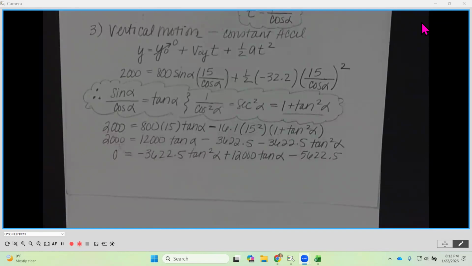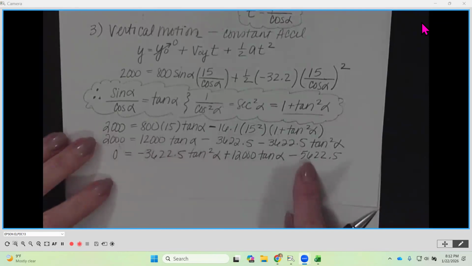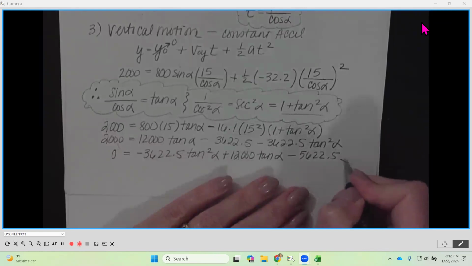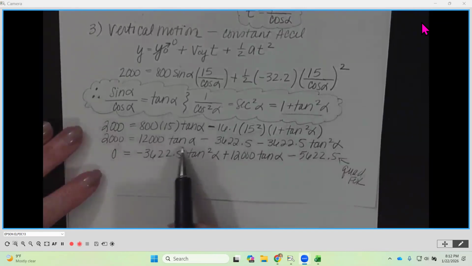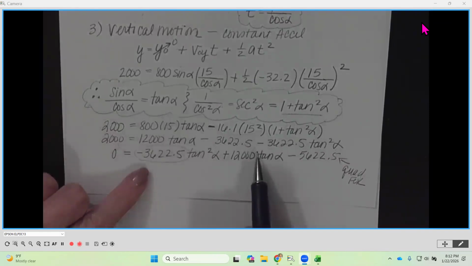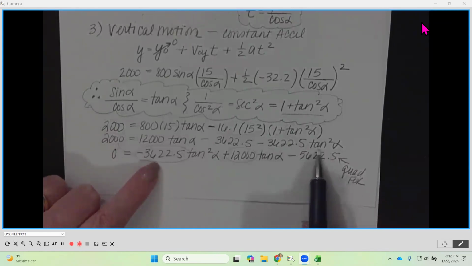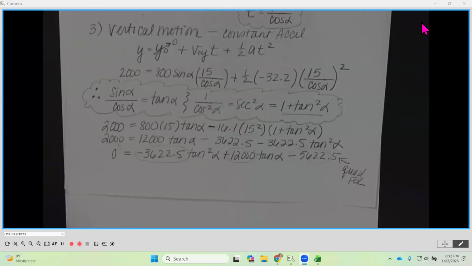So now this is our quadratic form. We have this with the square, this with the non-square. So this is my A, this is my B, and this is my C.